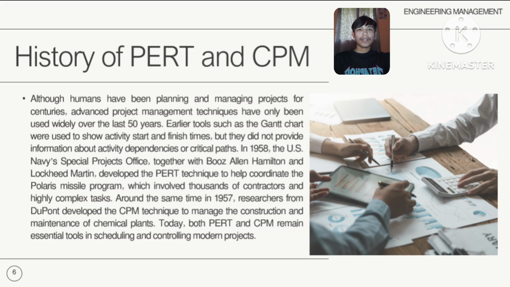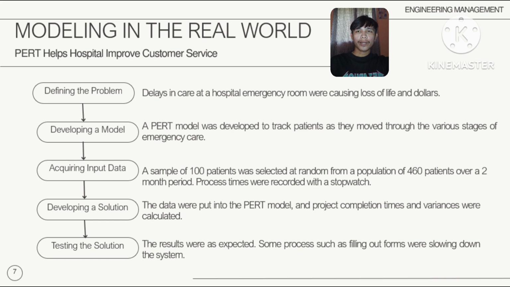CPM was developed almost simultaneously in 1957 by researchers at DuPont to manage the construction and maintenance of their chemical plants. Today, both techniques remain essential tools for scheduling and controlling projects. So let's proceed to modeling in the real world.